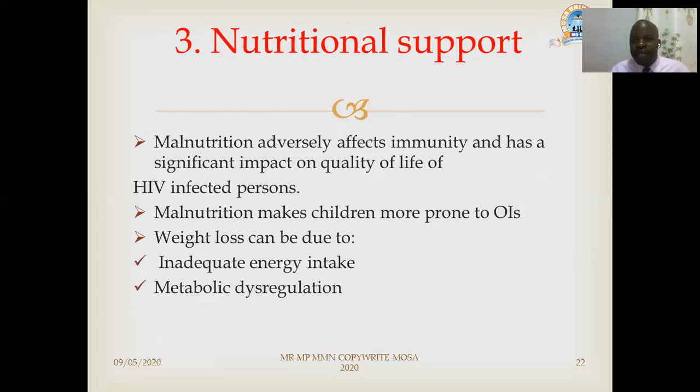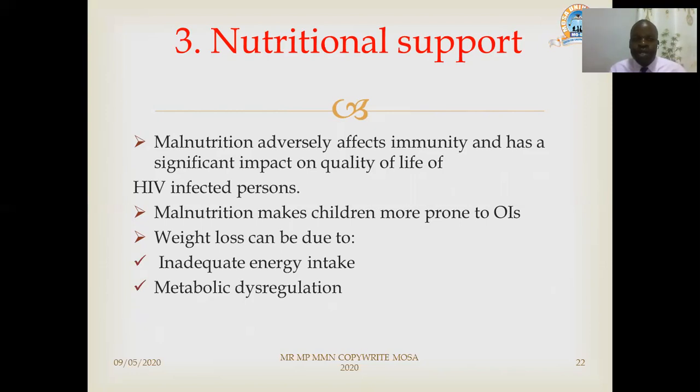Like I've explained in the beginning, the immune system of an individual plays a very important role in the prevention of infection. In someone whose nutrition status is not good, it simply means that their immune system will be affected because the health of the body will not be good.